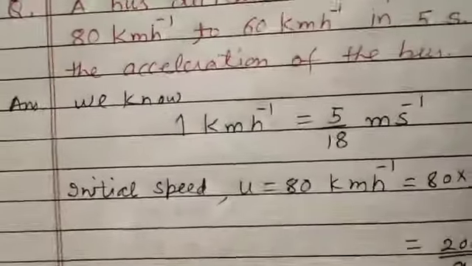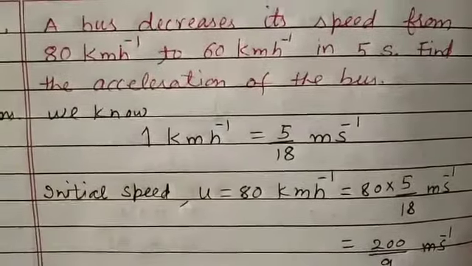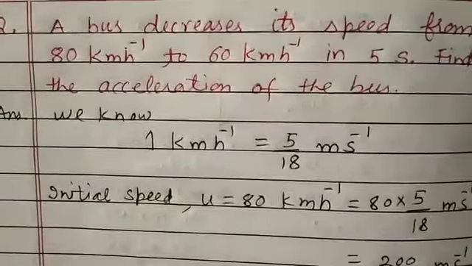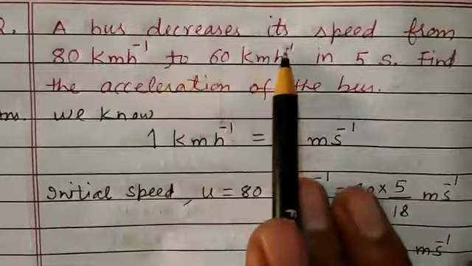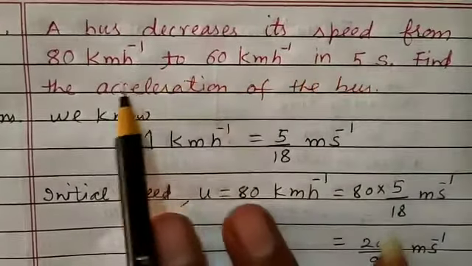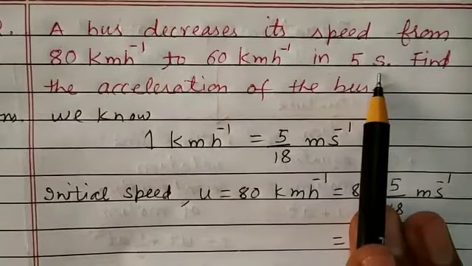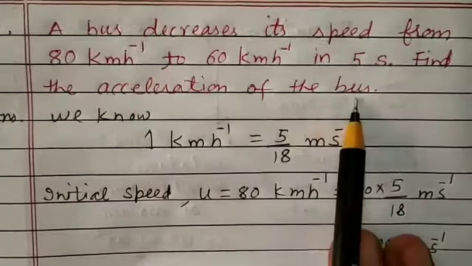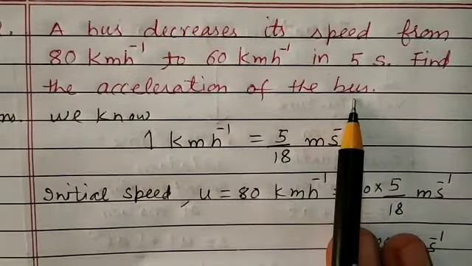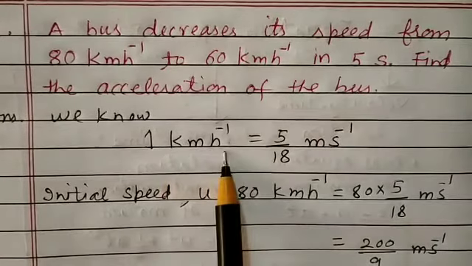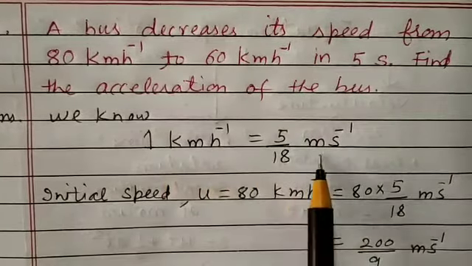Next question is, a bus decreases its speed from 80 km per hour to 60 km per hour in 5 seconds. Find the acceleration of the bus. As we know, 1 km per hour is 5 by 18 meter per second.